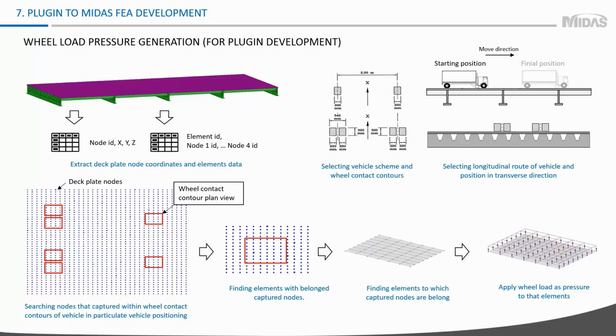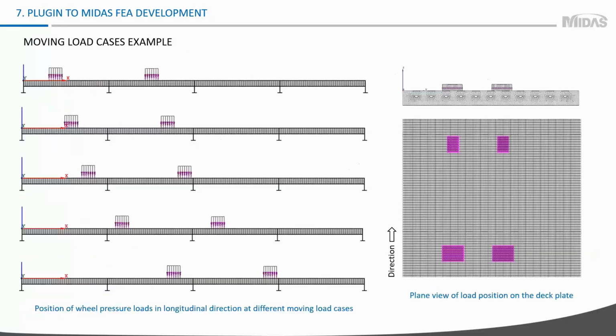So all this process can be performed using a programming language, and as a result, you will automatically generate a correct vehicle loading of the orthotropic deck, like described on the slide.